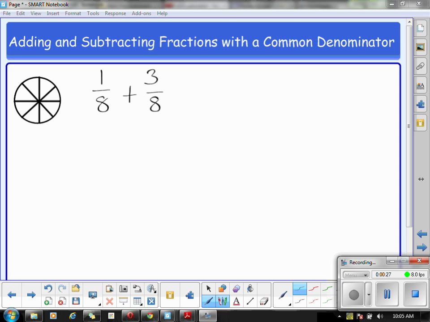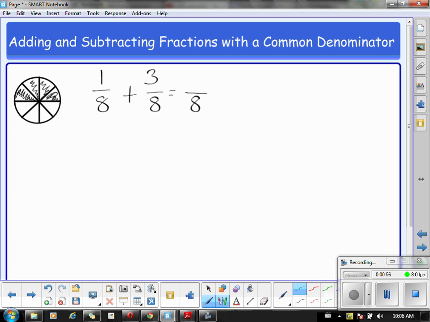So if we were to look at our picture, 1/8 is that. To that, I want to add 3 more 8s. Now, when you look at this, the size of the piece hasn't changed. It's still an 8th. So when I add two fractions with the same denominator, my denominator doesn't change.